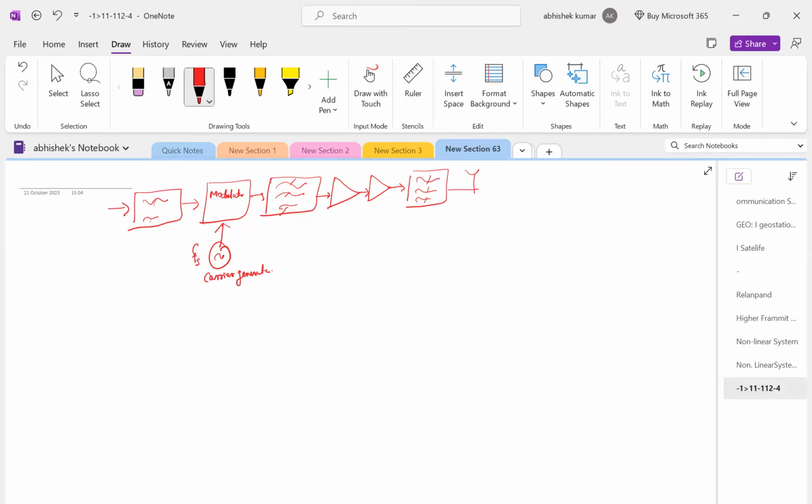Initially, at around minus 13 dBm, you are getting around 0 degree phase shift, 0.5 or something like that. And around 5 dBm input power, you are getting around 5 degrees of phase shift. Are you getting me? Yeah. Do you have any doubt? No.